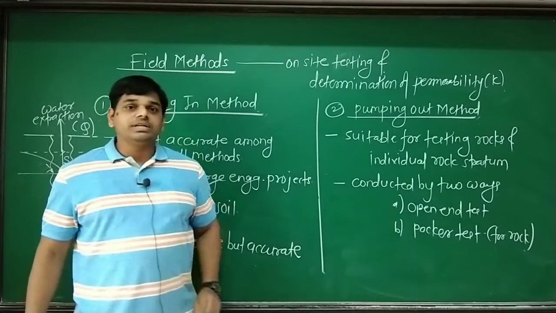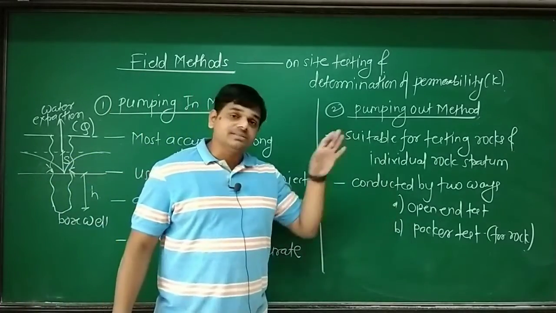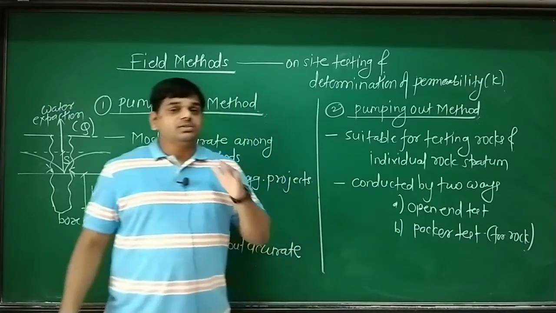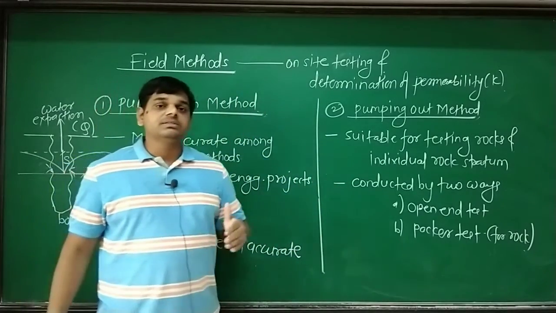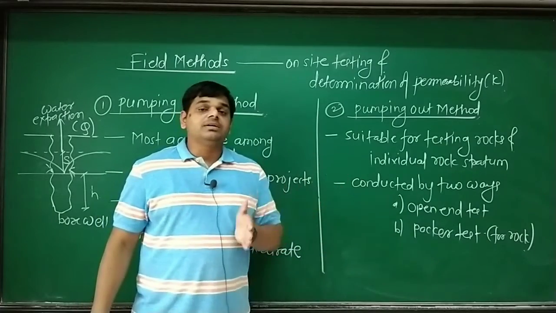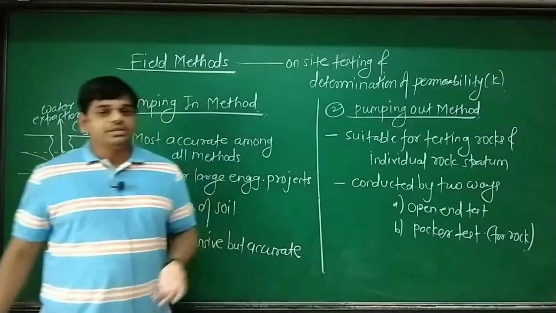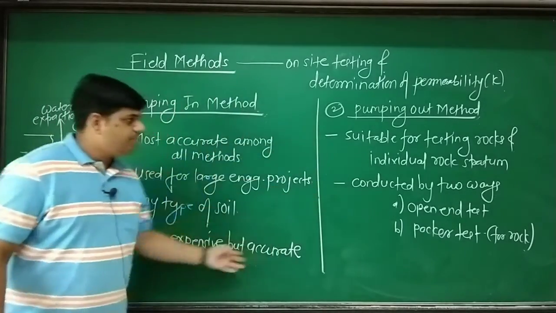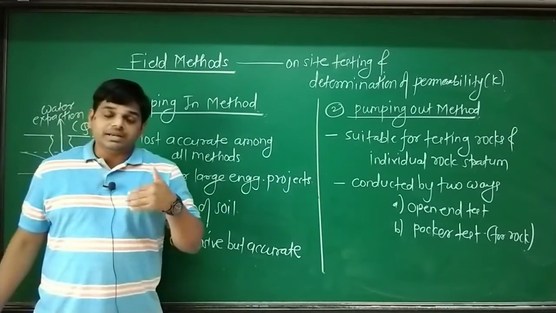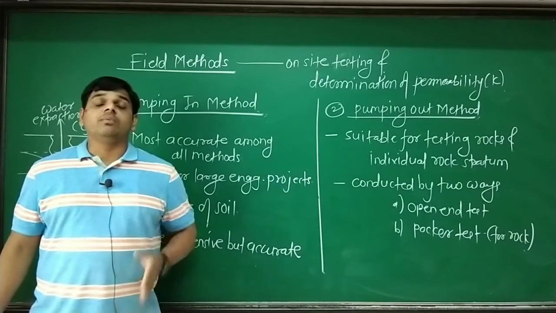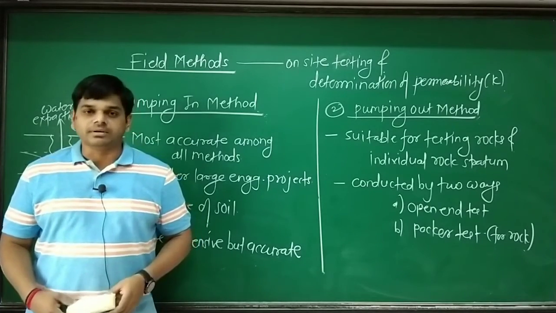The first one is open end test and the second one is Packer's test. How these tests work, how their working is, that we'll discuss later on when we start discussion on methods in detail. So here is the completion of field methods. Now we'll discuss in the next part laboratory methods in detail, beginning from constant head method.